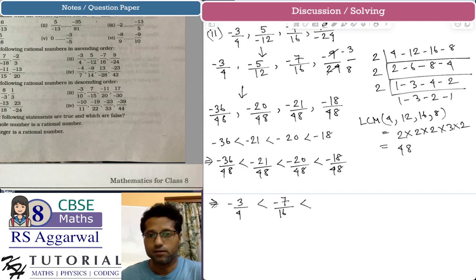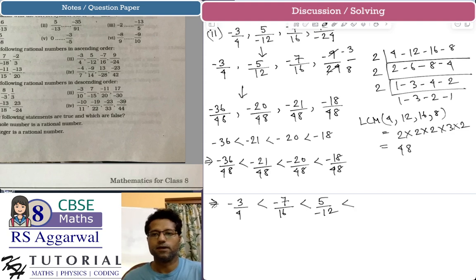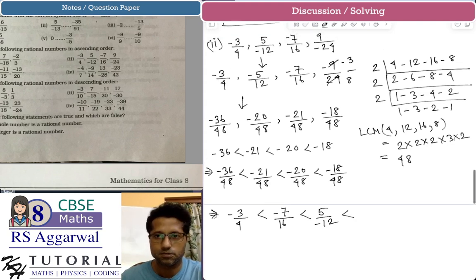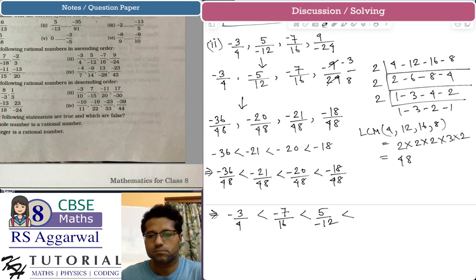Minus 20 by 48, the original rational number was 5 by minus 12, and finally minus 18 by 48, the original rational number was 9 by minus 24. So this is the ordering of the given rational numbers in ascending order.